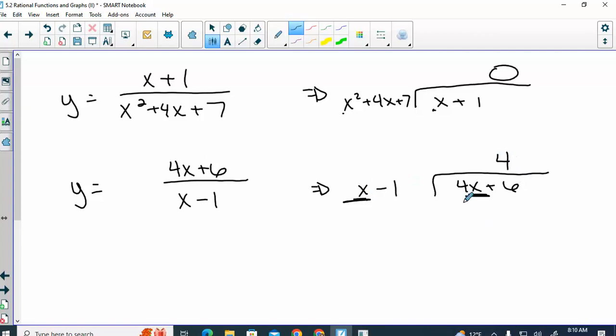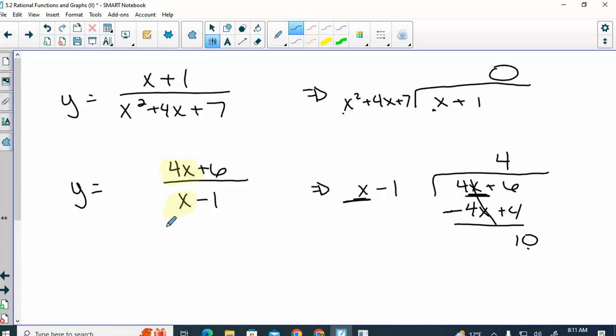All right, and so then if you kept going with your long division, you would multiply, distribute a negative. Can you do 10 divided by x? No, so the rest of it's our remainder. So our horizontal asymptote is y equals 4. The shortcut I told you was if it's the same degree on top and bottom, you just divide those coefficients. 4 divided by 1 is 4.